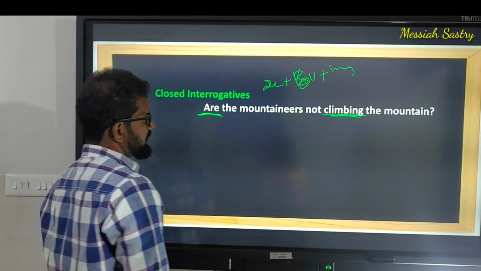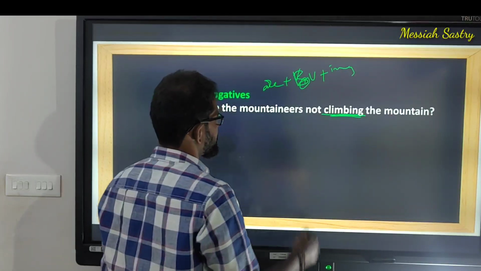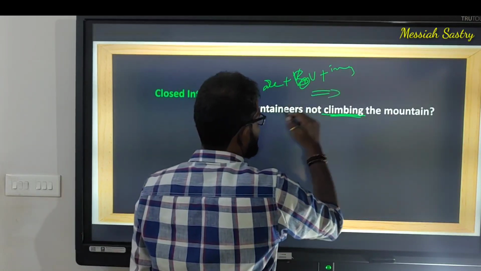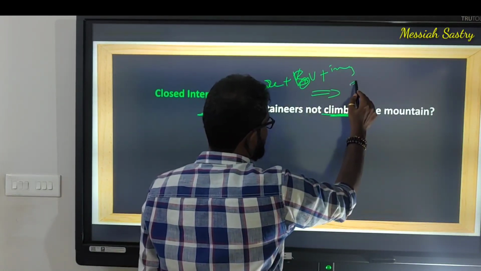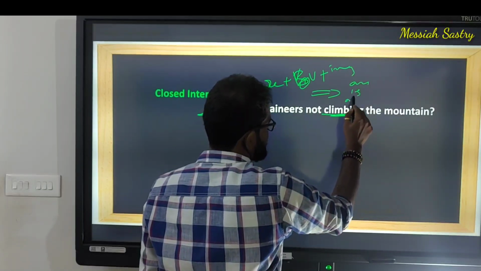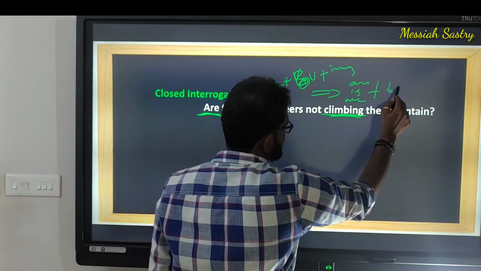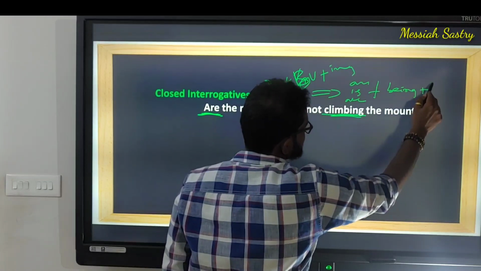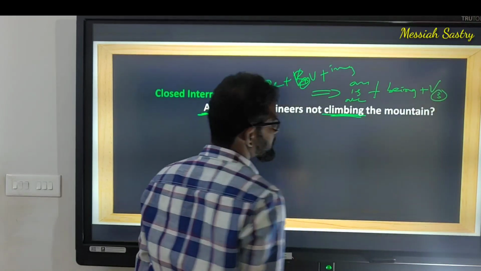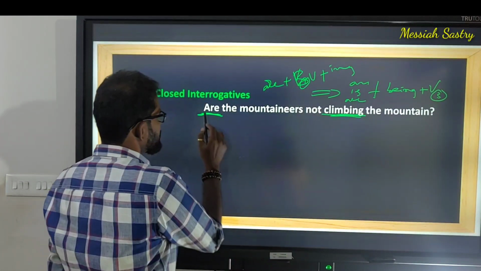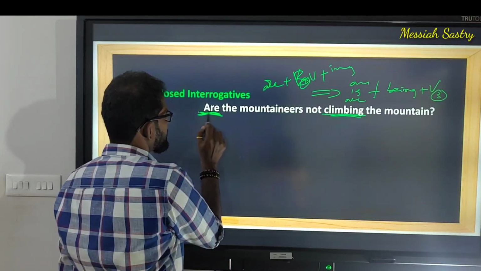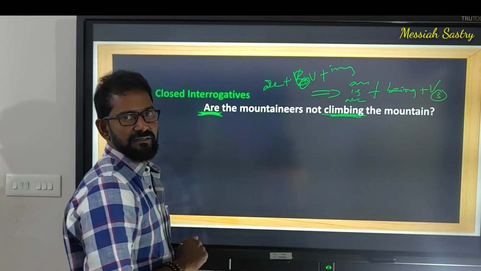Now the passive form for are plus ing form: am, is, are plus being plus V3. Now here the helping verb is are.